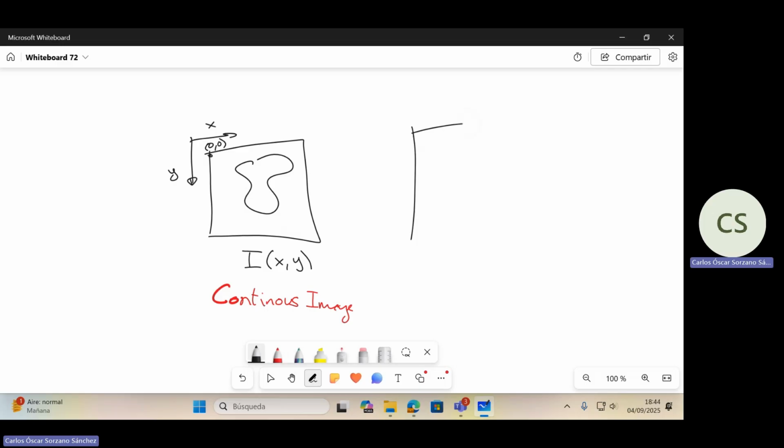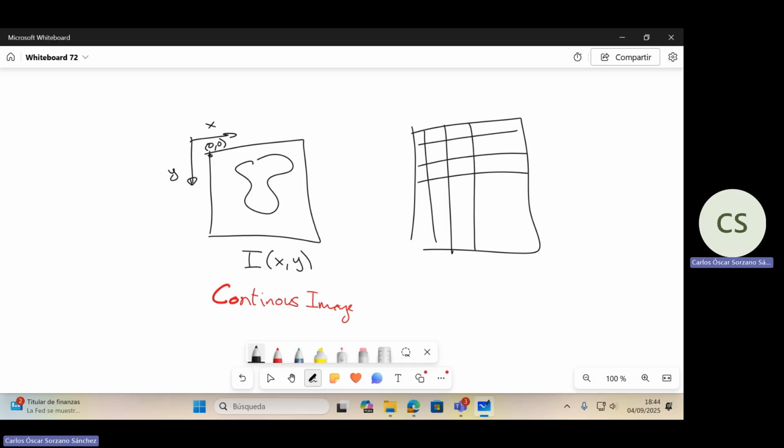A digital image is the one that we have shown in the slides, and we will talk about this. It is quantized in space, and it is also quantized in gray levels. And we represent them as X and Y.